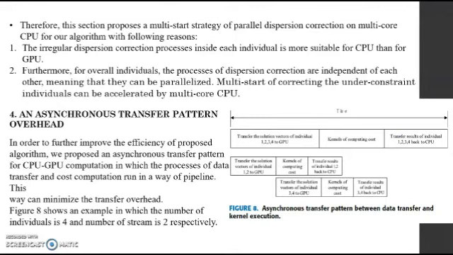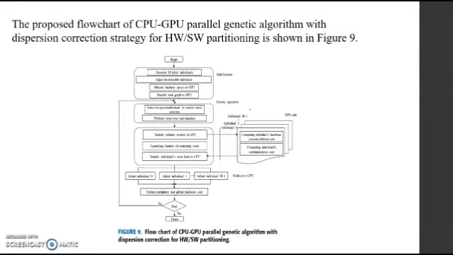This way we can minimize the transfer overhead. The proposed flowchart of the CPU parallel genetic algorithm with dispersion correction strategy for hardware software partitioning is shown in this figure. So this is the flowchart.